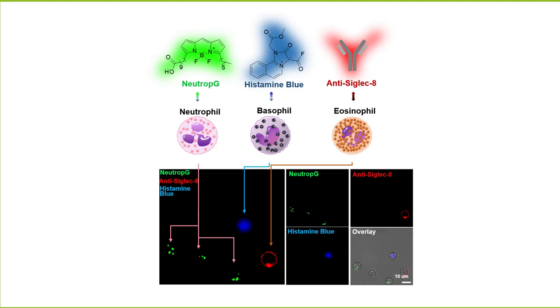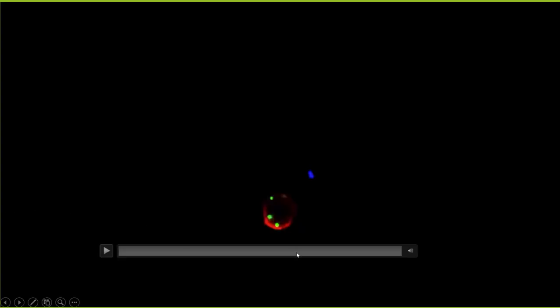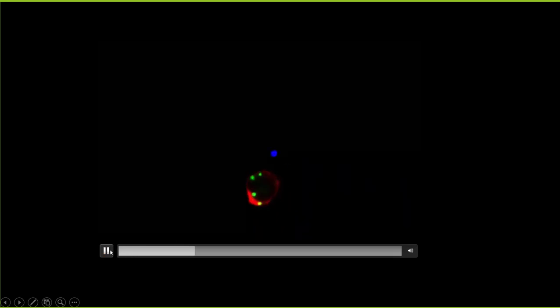And you may ask, how do you know whether they are really alive? So here is one movie. This is a neutrophil stained by the membrane dye and the neutrophil G. This is the nucleus, stained, and the bacteria. Then if you look at here, that means the neutrophil is still healthy and functional.